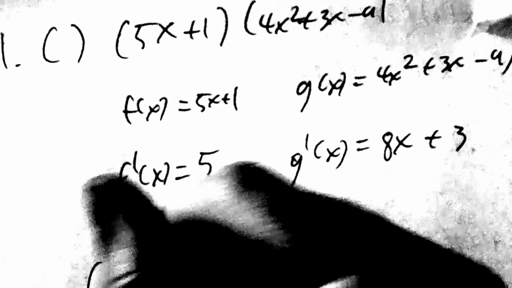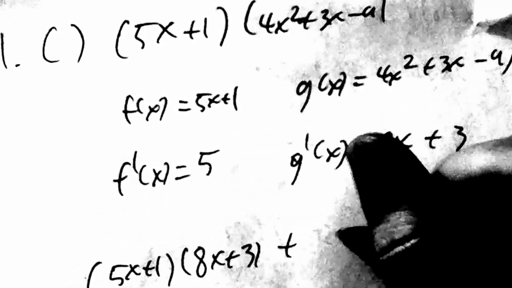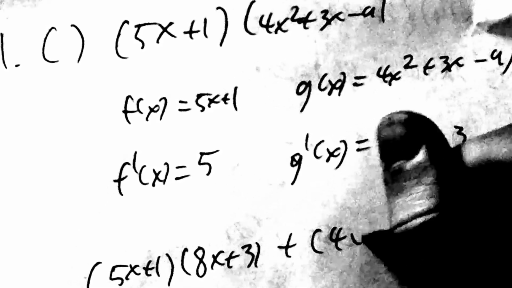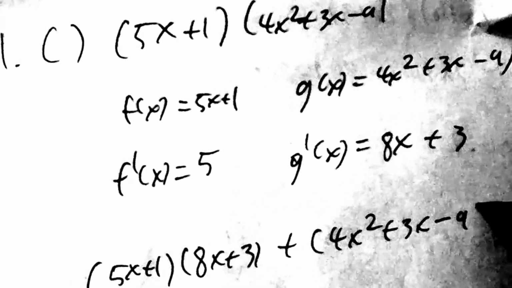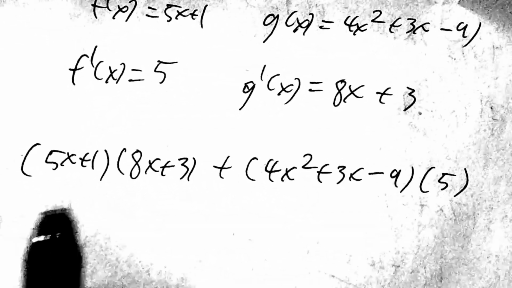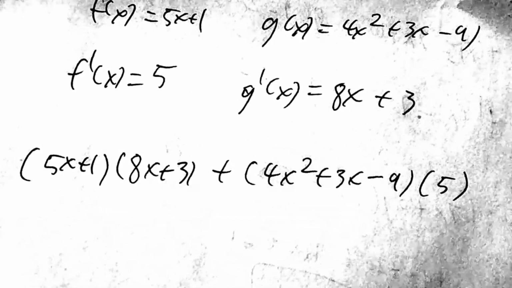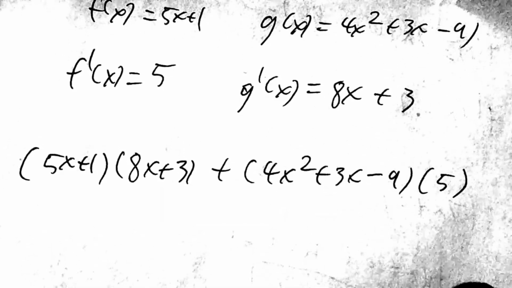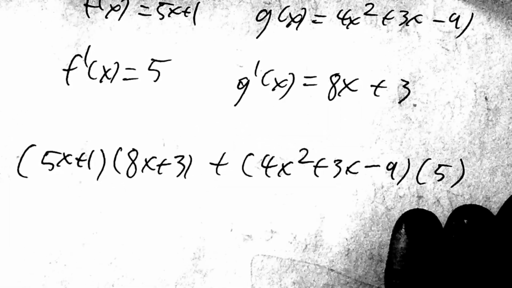Plug it in, we're going to get 5x plus 1 times 8x plus 3 plus 4x squared plus 3x minus 9 times 5. Okay, so that's lefty right, righty left. And then that's fine. You know how this one is easier to simplify, so I'm not going to go into that.